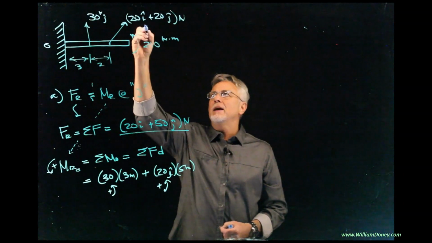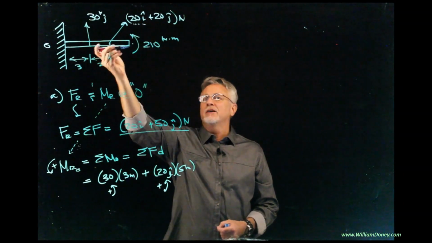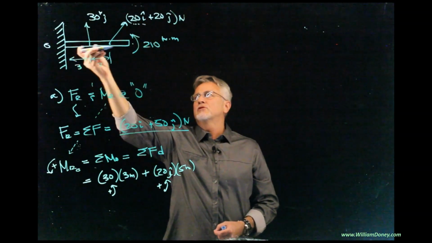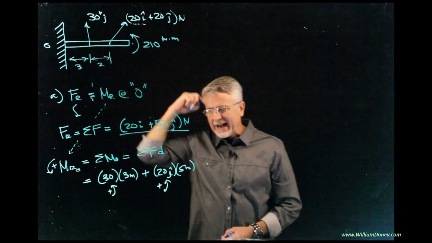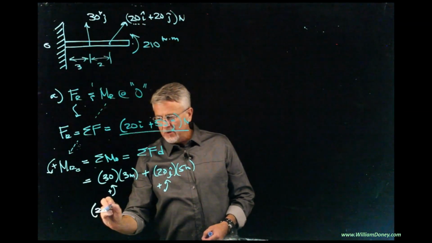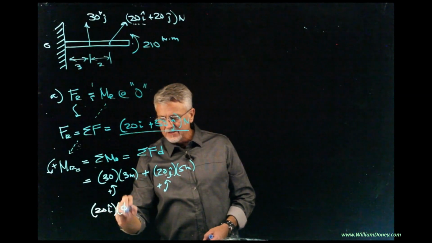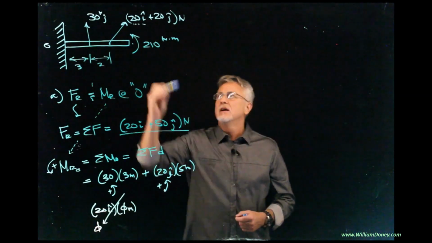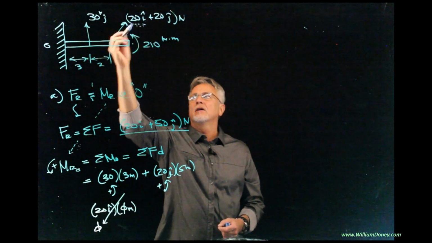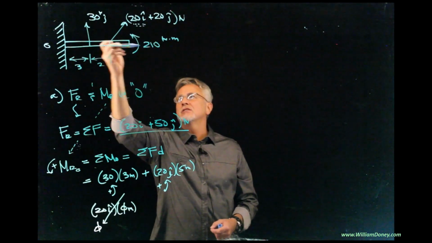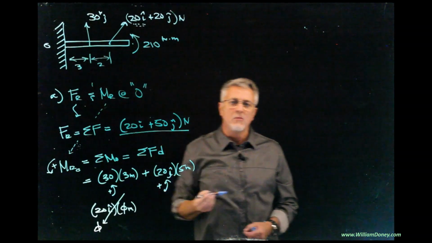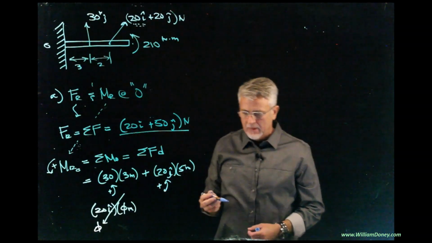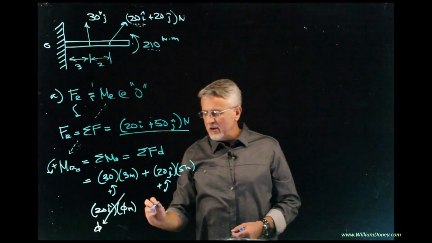Now, what about the 20 in the i direction? Well, 20 in the i direction is this way. It pulls directly through point O, so I could add it in here, right? I could put the 20i, but that distance is 0 meters, so that goes to 0. This component of 20 here in the i direction or x direction does not contribute to creating a moment about O. And then we can't forget about the 210 over here.